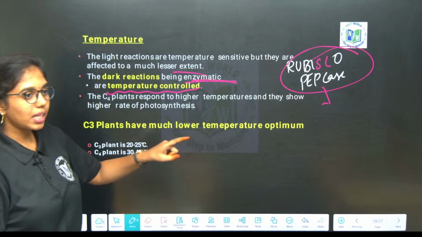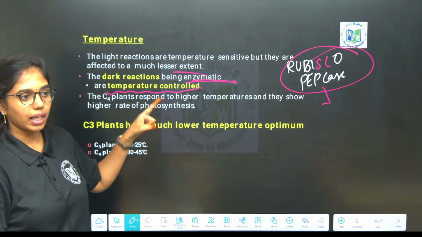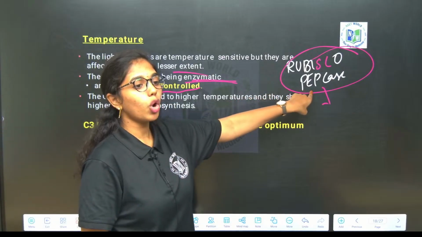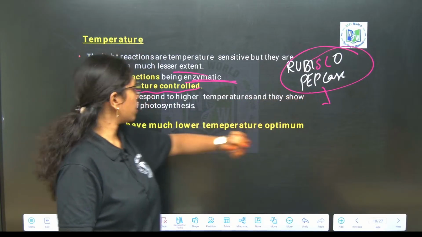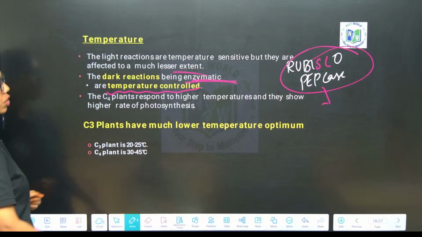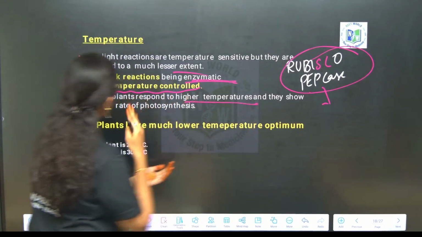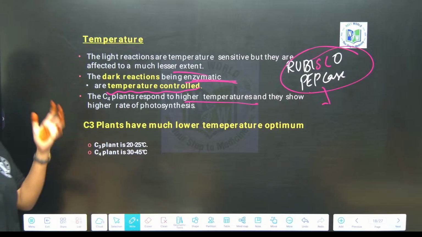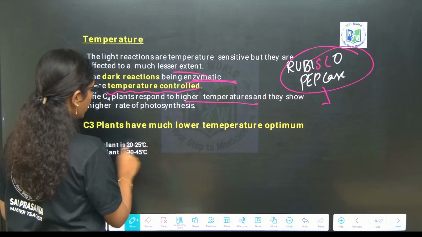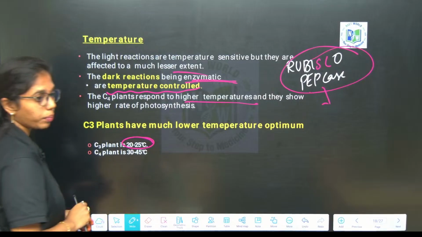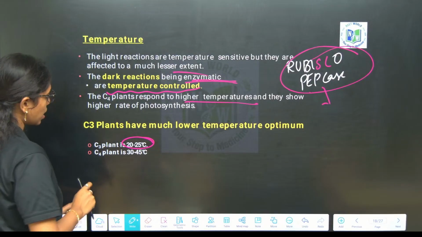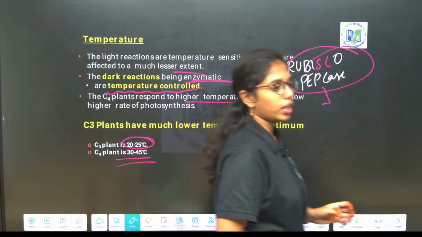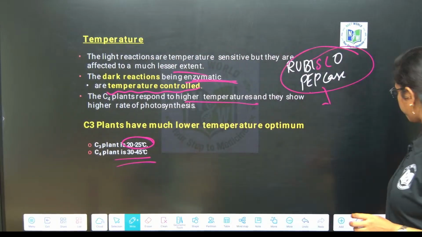PEPcase means tropical plants, right? They are sensitive to cold environments. Next, C4 plants respond to higher temperatures and show a high rate of photosynthesis. C3 plants have a much lower temperature optimum of 20 to 25 degrees Celsius. C4 plants' temperature optimum is 30 to 45 degrees Celsius.